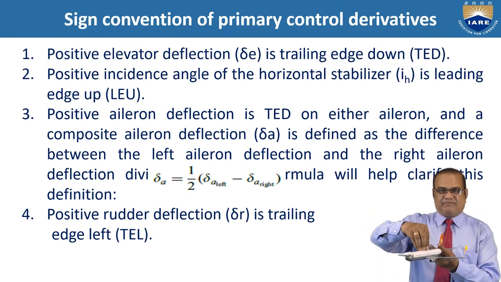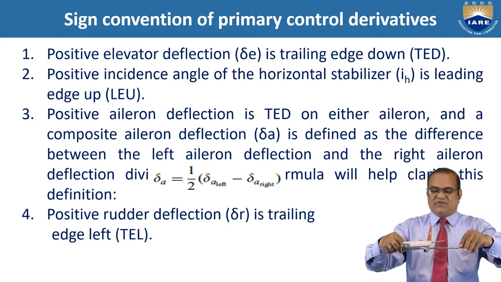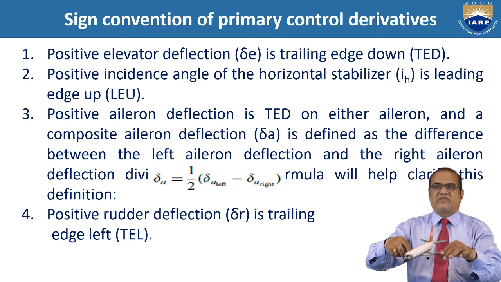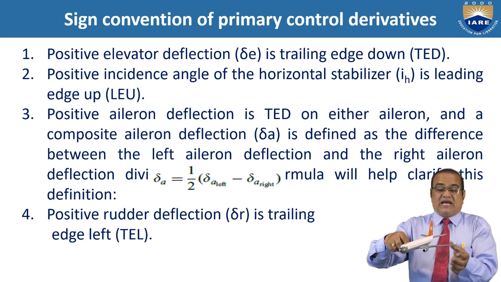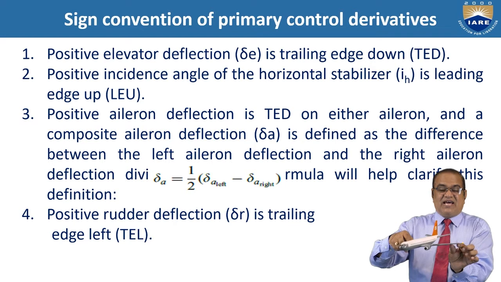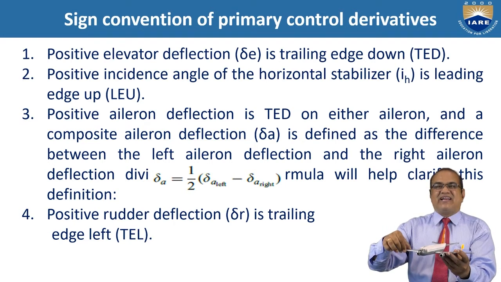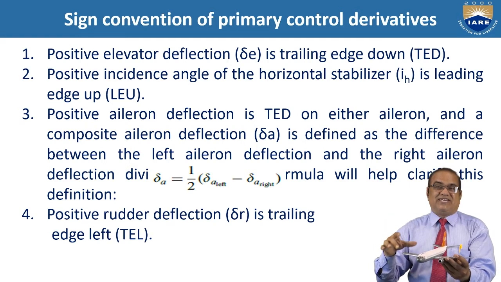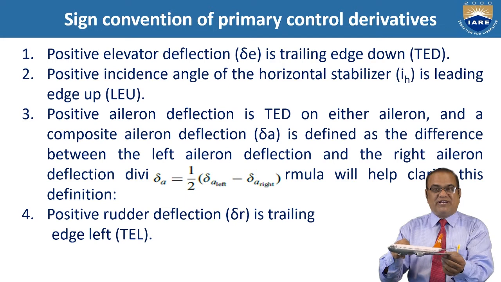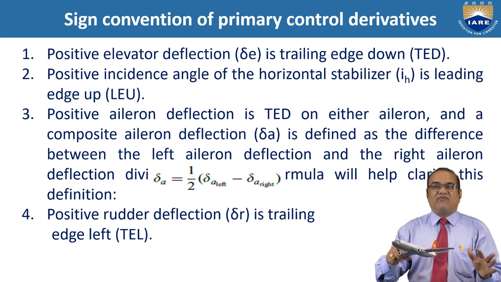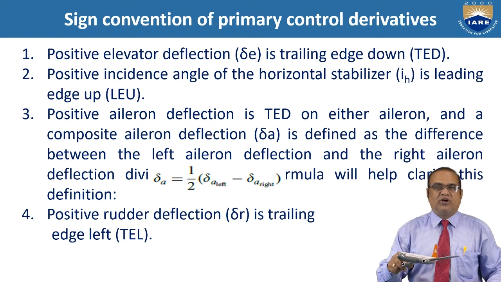If the pilot is sitting here, the left side of the wing is the left wing and this is the right wing. So the deflection of the left wing minus the deflection of the right wing, divided by 2, is called delta A. If it is going down, it is positive, and if it is going up, it is negative. So that formula we have to use.